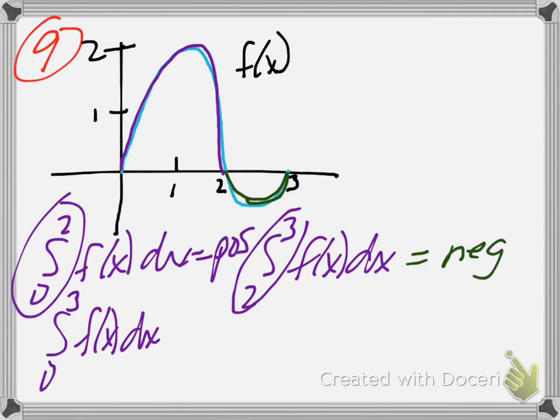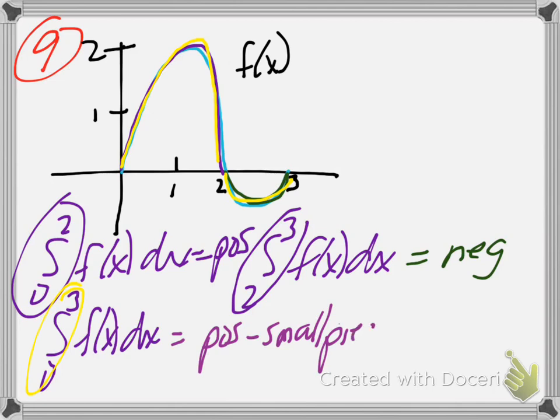And then if we want to look from 0 to 3, that's this, it's going to be a big piece minus a little piece. So you're going to end up with a positive minus a small piece. Okay, so if you look at these three choices, what's going to happen? Well, the smallest piece is going to be this one because that's a negative number.